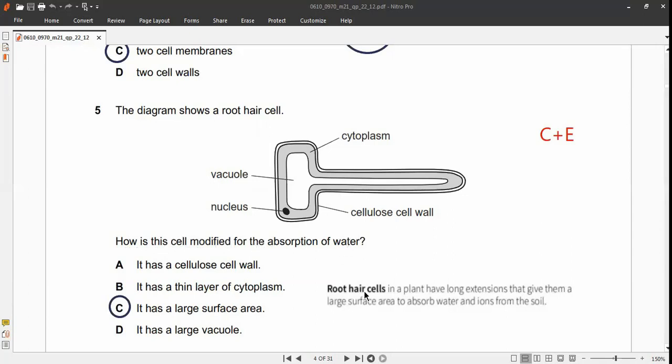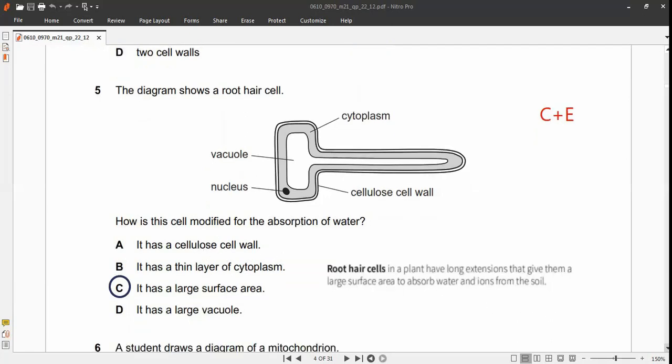Root hair cells in a plant have long extensions that give them a large surface area. Why? To absorb water and ions from the soil, to increase the rate of absorption of water and ions. So the correct answer is, it has a large surface area.